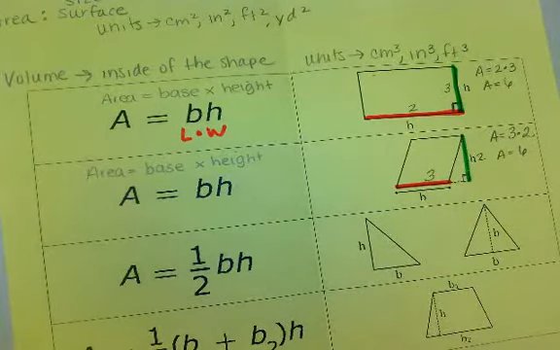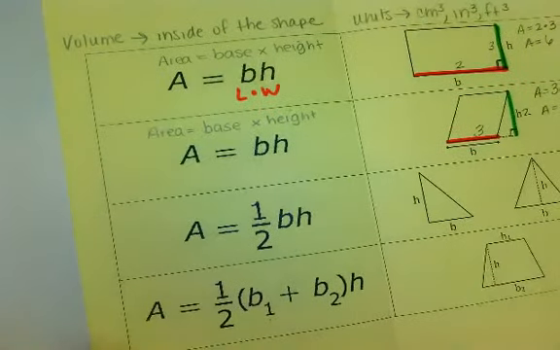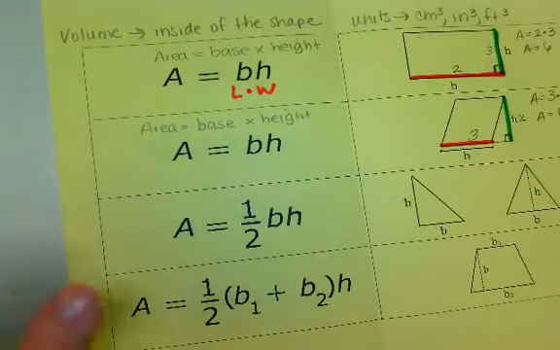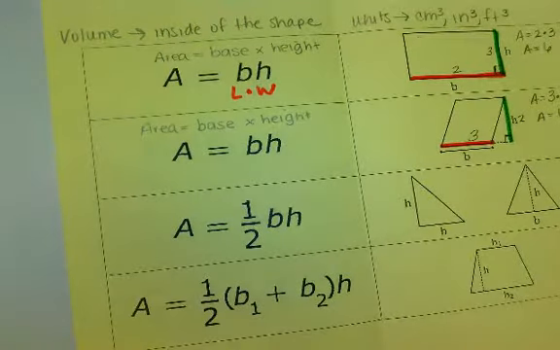Okay? If we're going to move down, we're going to move down to a triangle. So let's look at the triangle. There are numerous kinds of triangles, which you've learned by now. But the formula is half of base times height. Okay?